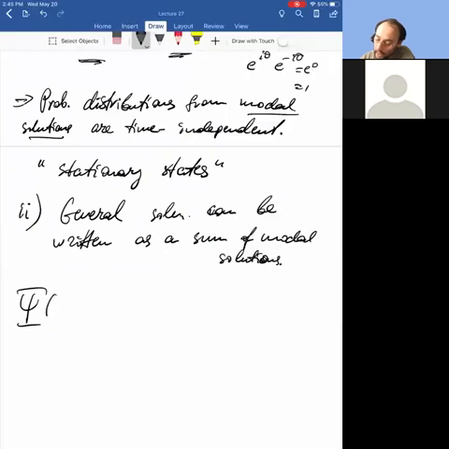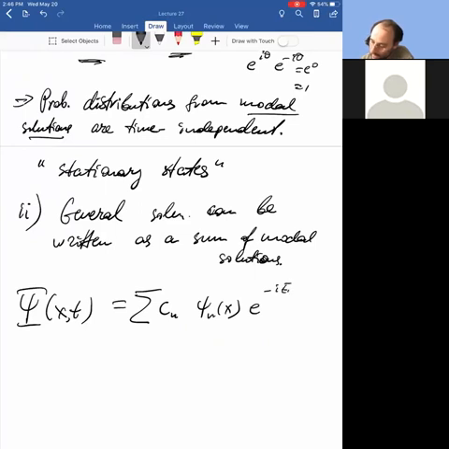So the most general solution describing a particle in a particular potential energy landscape, in other words, interacting through a particular force with something, can always be written as a sum of C sub n times the modal solution, times e to the minus i E sub n over h bar times t.